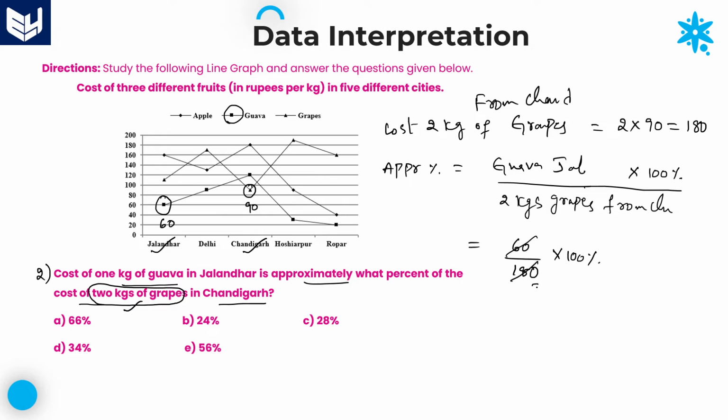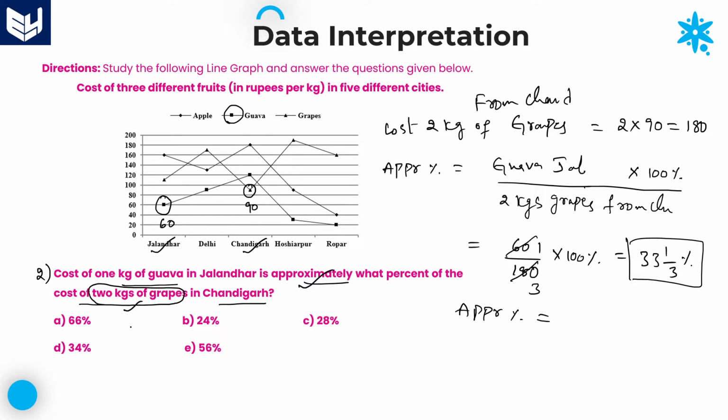60 ones are 60, 3 times. 1 by 3 into 100 is equal to 33 1 by 3 percentage. Here the exact value, if you want the value in terms of mixed fraction, is 33 1 by 3. But according to the question, he is asking about the approximate percentage.